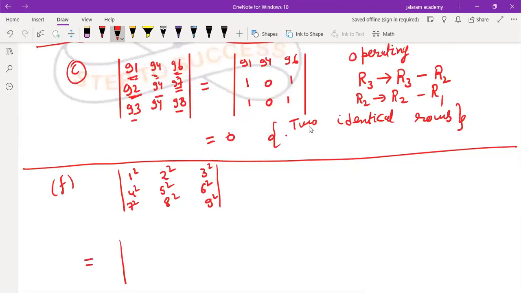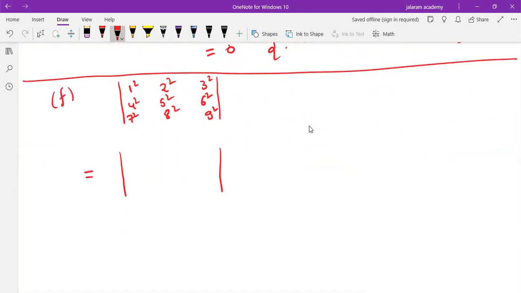First of all, if you have learned the formula a square minus b square equals a plus b into a minus b, you can use it to subtract. The row with larger elements is the third row, R3, then R2 and R1.